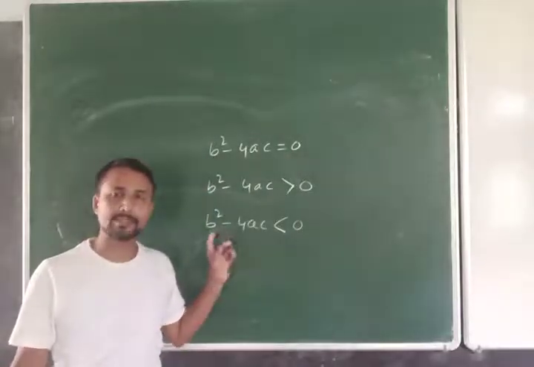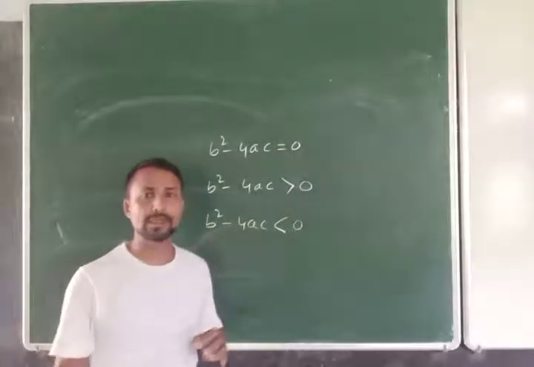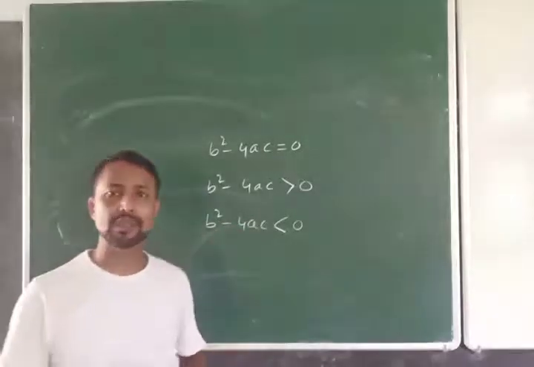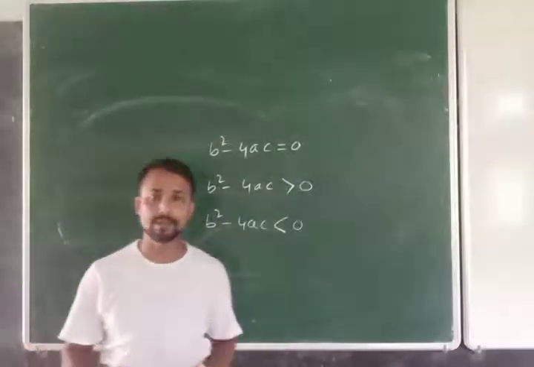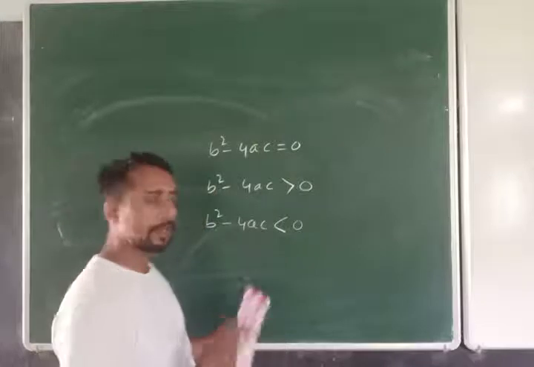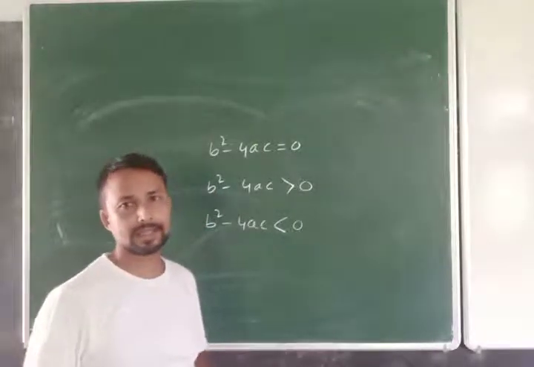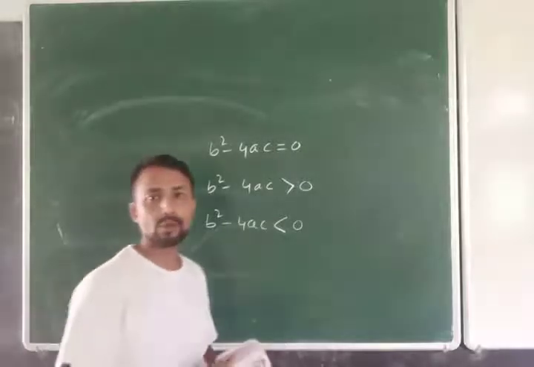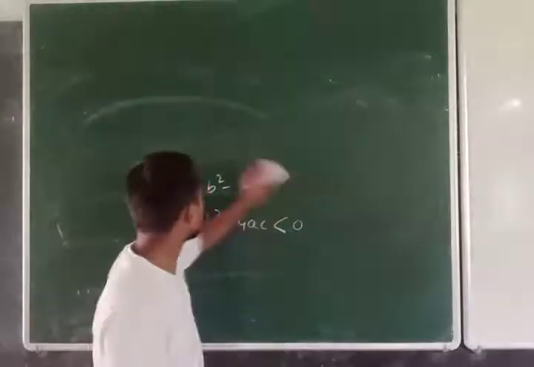Since the imaginary root portion is not included in your syllabus, we'll first find out whether the roots are real or not, and then solve a few questions related to this. Let us begin.